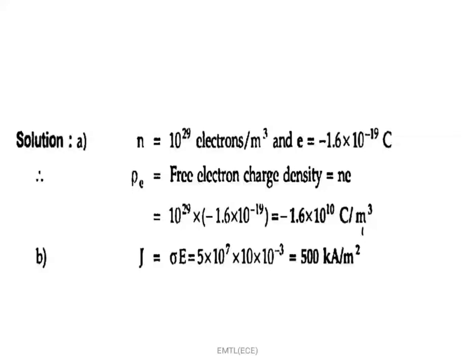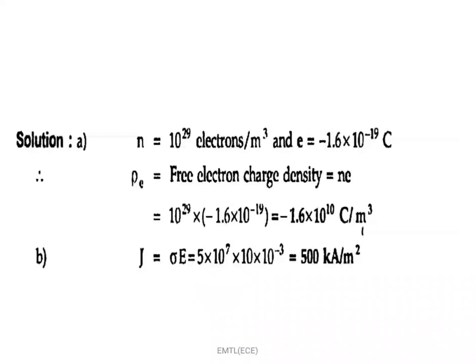Now the next part is determination of current density. According to the point form of Ohm's law, the current density expression is J equal to sigma E. Here sigma is conductivity, given in the problem as 5 into 10 power 7, and E is the electric field intensity.